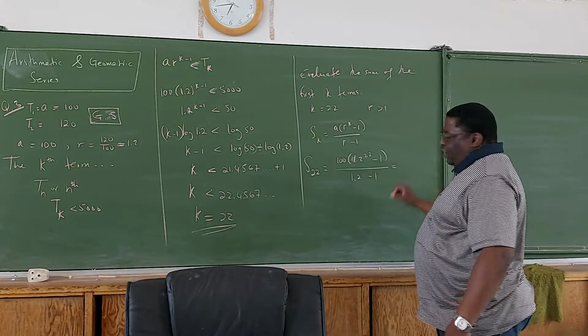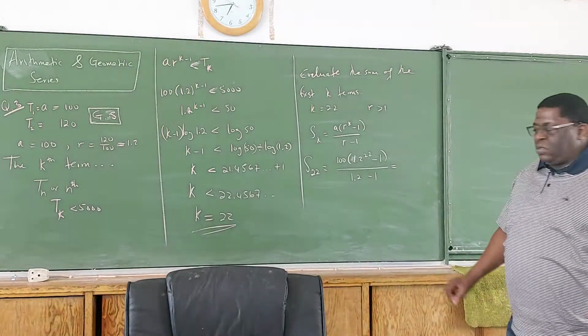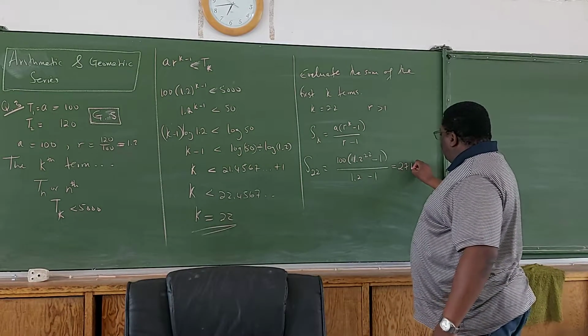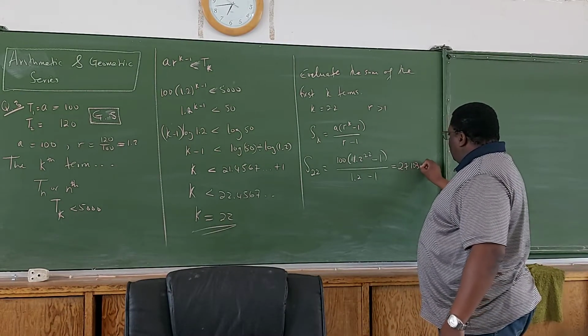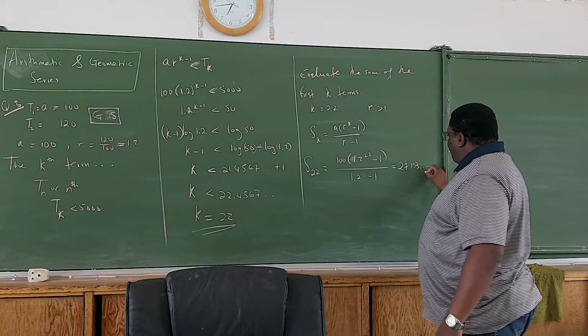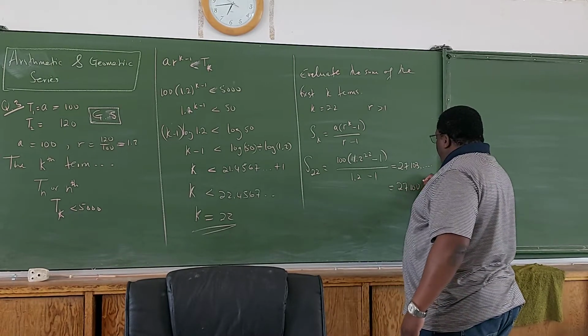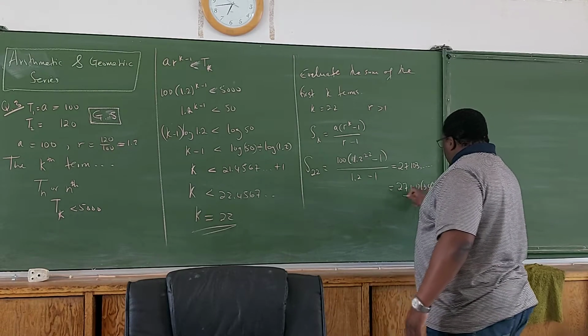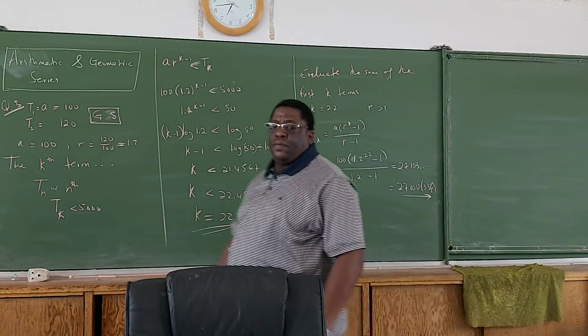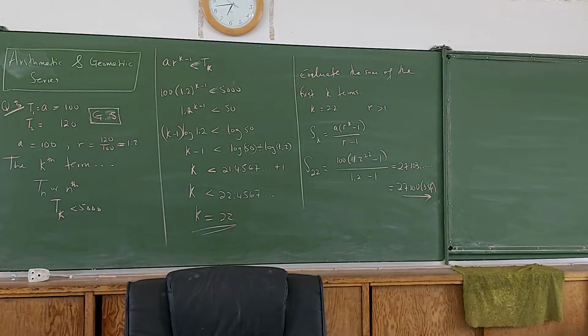You should get something like 20 something thousand: 27,103 and so on. So the answer is 27,100, correct to 3 significant figures. You always take the answer to 3 significant figures.